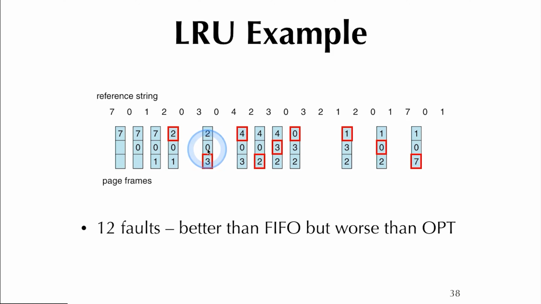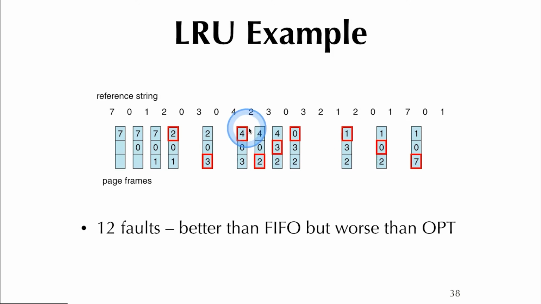But unfortunately, because it couldn't predict the future, there are some cases where it actually could be a little worse. But in this case, it's actually okay, probably due to some locality. So it's actually good that you kicked out 1 instead of 0, because 0 will be used, well, actually right away. So good thing you didn't kick it out. Otherwise, compared to kicking out the 0 and bringing it back in, right?